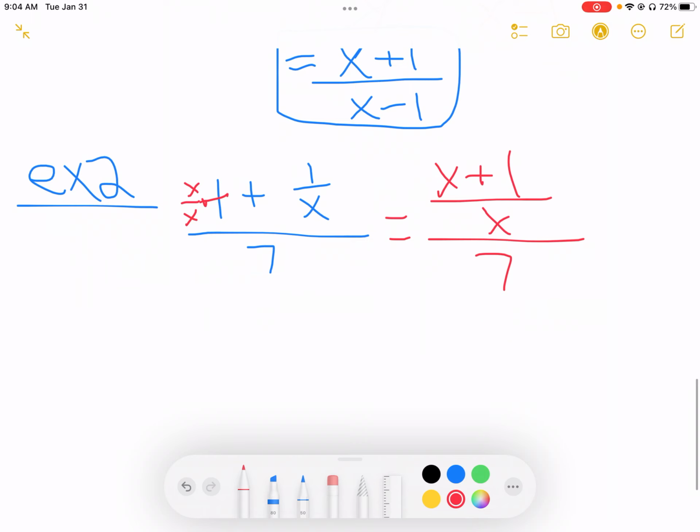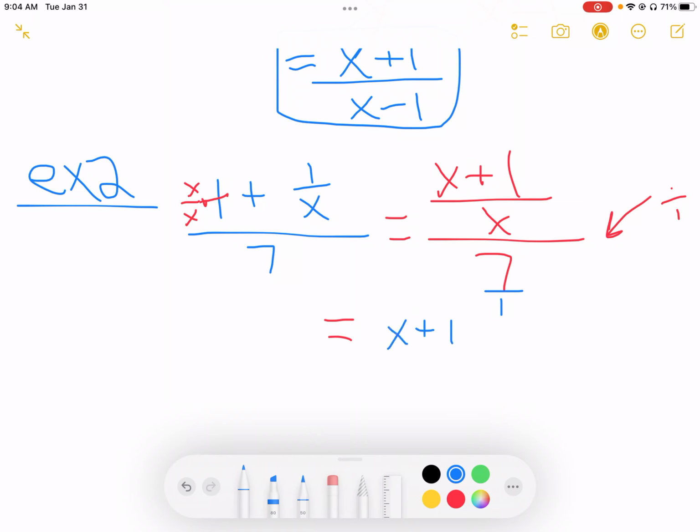Hopefully you can see from this point it's fairly straightforward, because if this is the division bar, then I'm just going to multiply by 7's reciprocal. As we talked about before, 7's denominator is 1, so its reciprocal is 1 over 7.